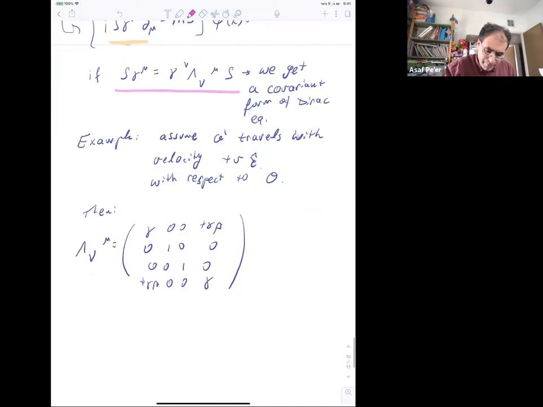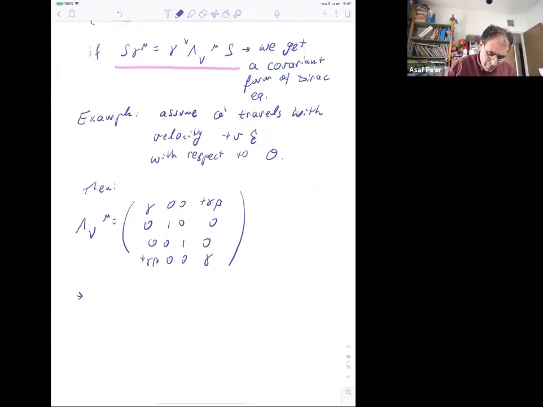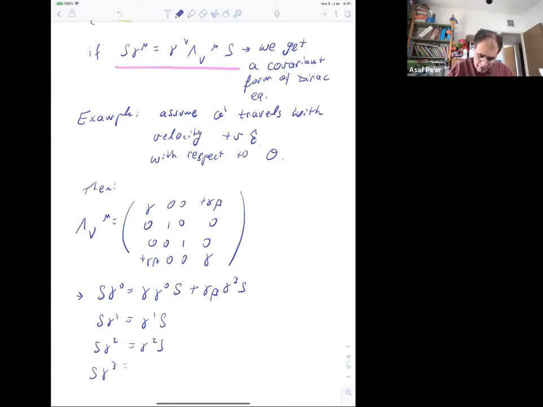So we have S gamma 0 is just gamma 0 S plus gamma beta gamma 3 S. And S gamma 1 is just gamma 1 S. S gamma 2 is just gamma 2 S. S gamma 3, again, it's just gamma beta gamma 0 S plus gamma 3 S. The notation is slightly misleading, right?